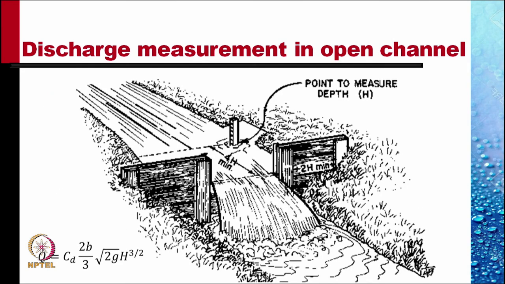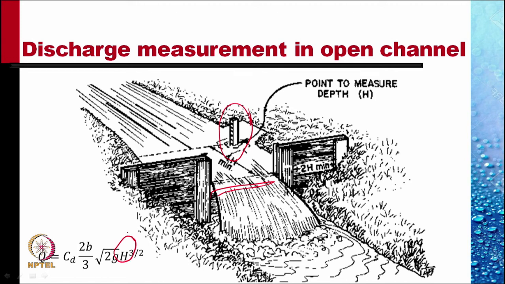For example, in this channel, an obstruction is created, a vertical scale is erected so that 0 of this coincides with the base of the cutout in this obstruction. So the water flowing there, we measure the level, and this measurement is capital H.